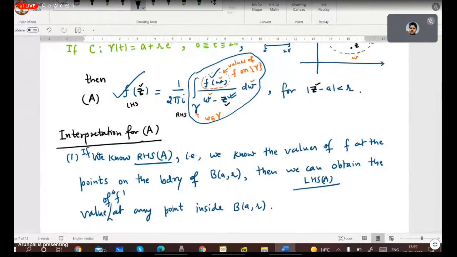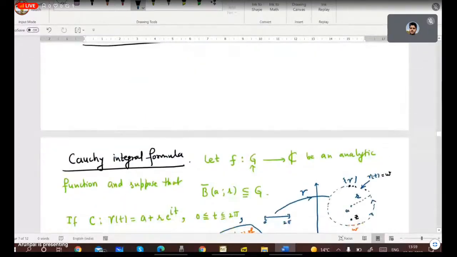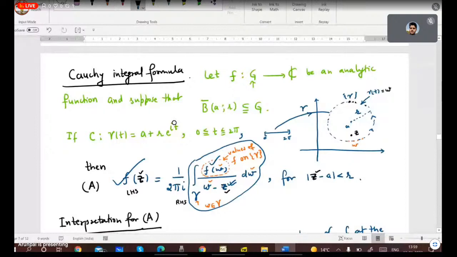Yes, sir. Don't you think it is a very interesting phenomenon that just by knowing the values of a given function at the boundary points, this formula helps you determine the values of the function at the points inside it, once you are able to compute this integral.